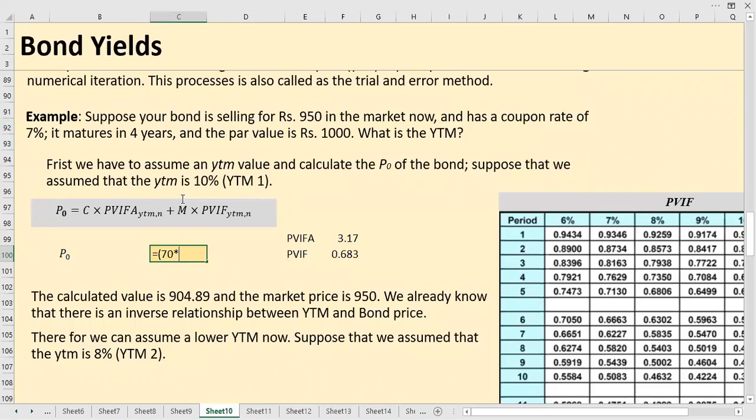Multiply by this present value interest factor annuity value, 3.1699, and multiply it by 1000 into 0.683, right? So you get this answer.